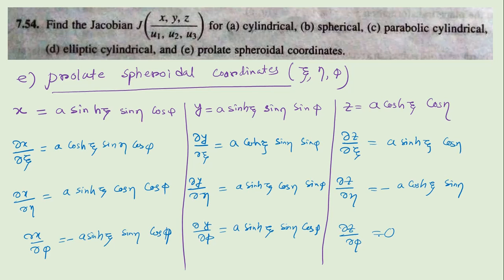I think clear. Just put these values in this Jacobian.